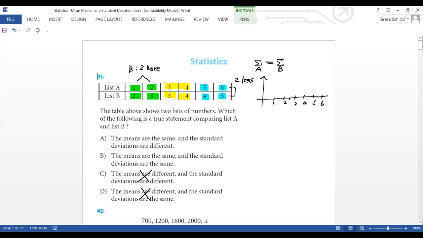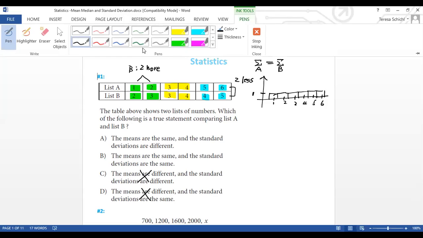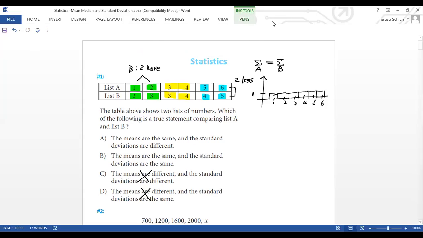So list A, each one has 1 reading, 1, 2, 3, 4, 5, 6. Now let's take a look at list B here, right? So list B, okay, let me get which color is it? Okay, this color, 2, right? So list B has 1, 2, right?